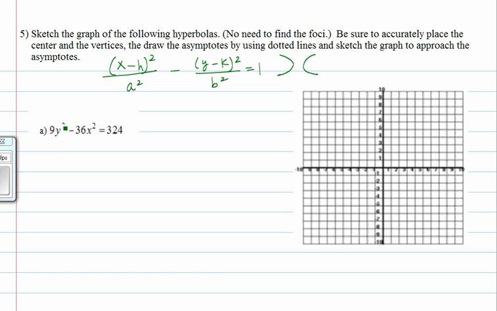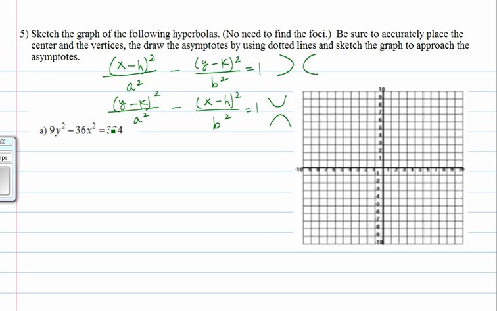Or in this case, when we have the y squared first, that's the positive one, that would be a vertical one. So that's (y minus k) squared over a squared minus (x minus h) squared over b squared equals 1, and that goes up and down like this.